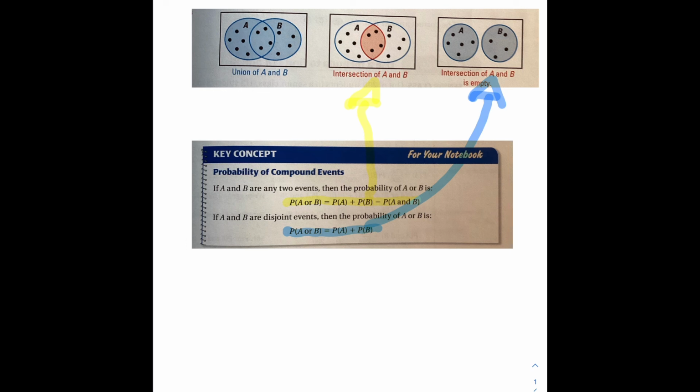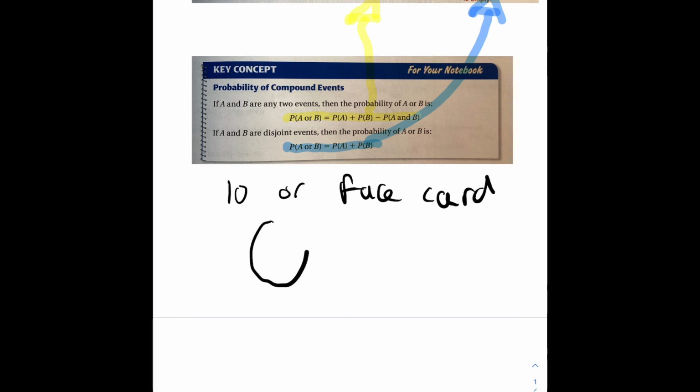So let's say that a card is randomly selected from a standard deck of 52 cards. What is the probability that it is a 10 or a face card? Well, if I think about how I had my circles, I could have a 10 of spades, a 10 of hearts, a 10 of diamonds, or a 10 of clubs.